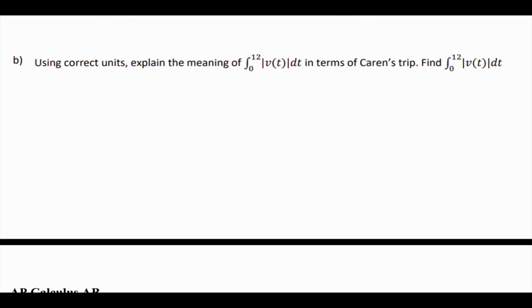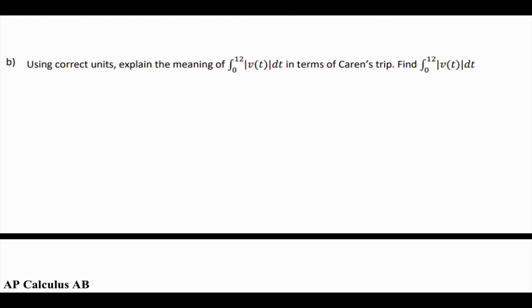Part B. Part B says, using correct units, explain the meaning of the integral 0 to 10 for the absolute value of v of t in terms of Karen's trip, and then actually find that number. Okay. I highlighted that.